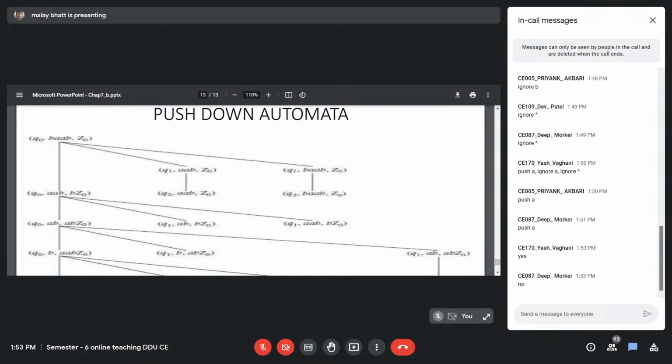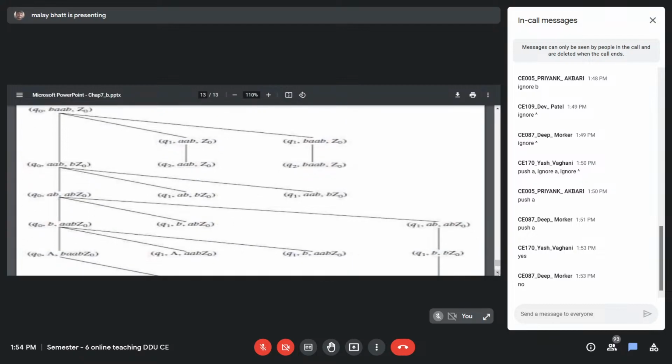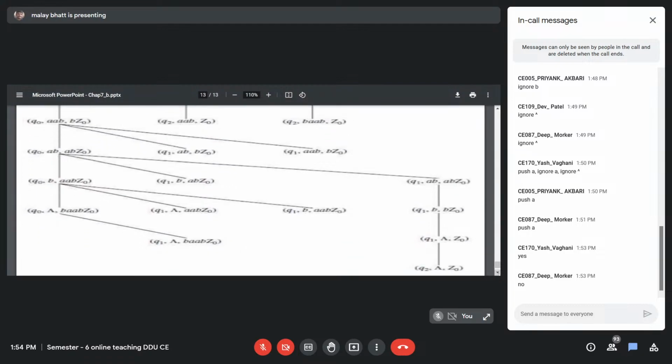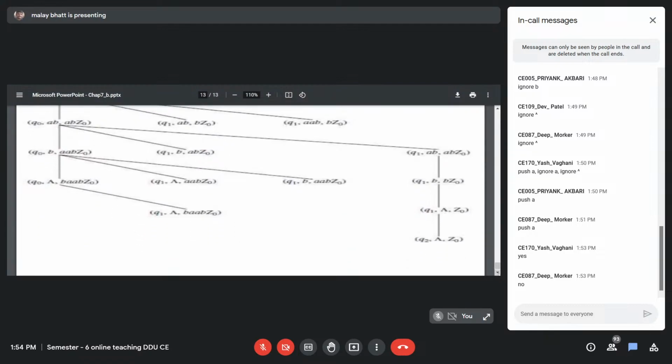Then the middle branch will not succeed, right? The leftmost one will crash. Then only the last branch, the rightmost one, will succeed, because we are assuming null after two symbols.